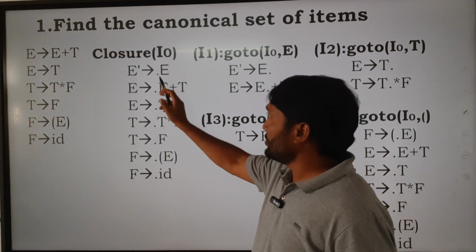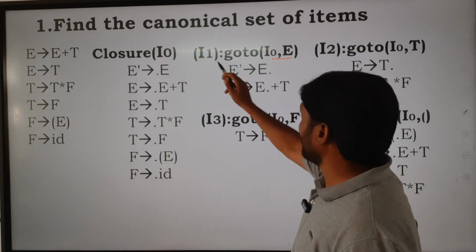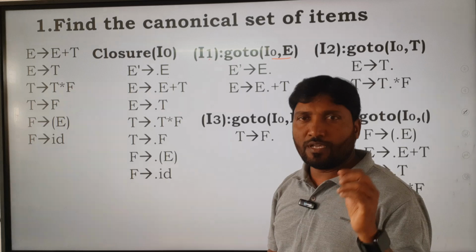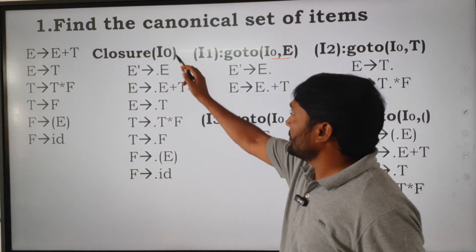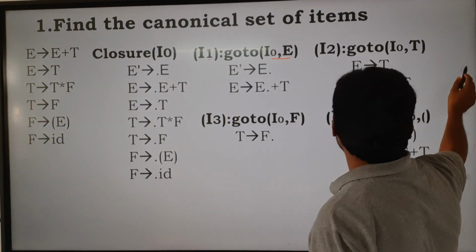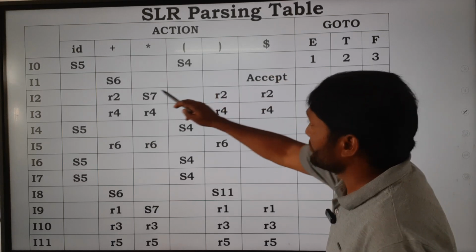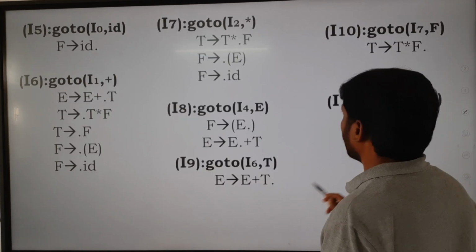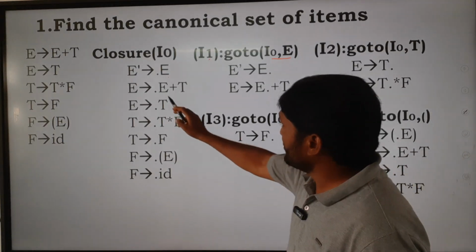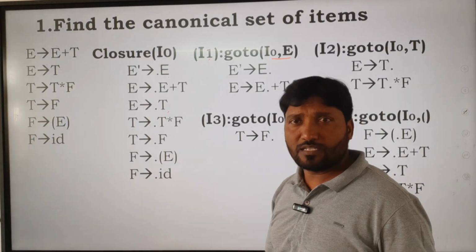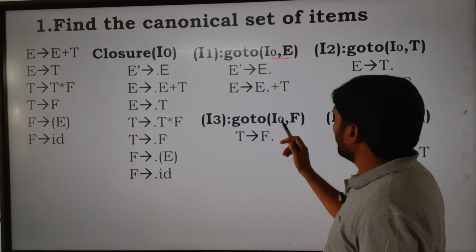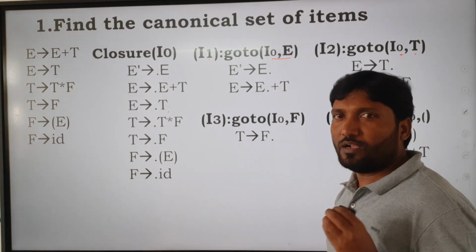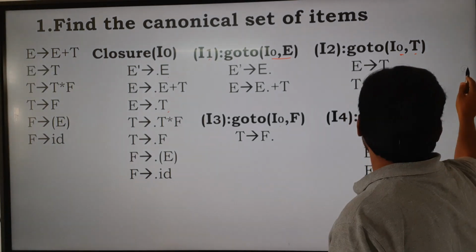Now there is a non-terminal. Check 0 comma E, it ends in I1, so 0 comma E is filled with 1. Similarly, 0 comma T, where T is a non-terminal, ends in I2, so 0 comma T is filled with 2.